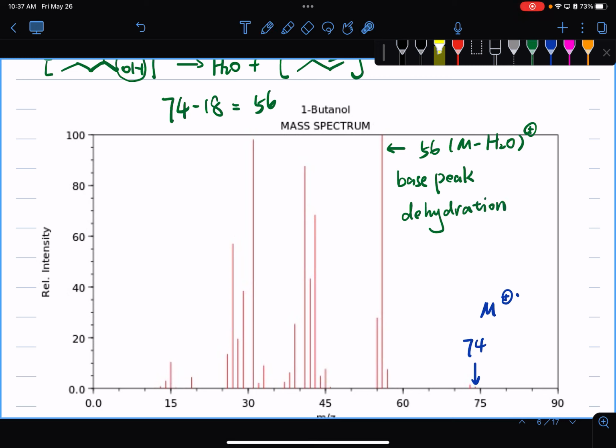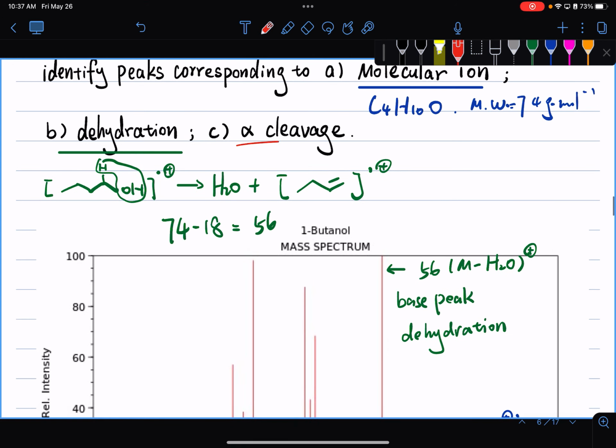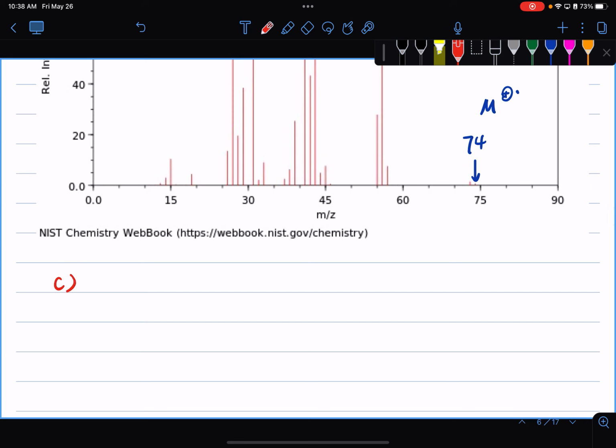All right. And then we also have our alpha cleavage. Before assigning the peak for the alpha cleavage, might as well just write down what alpha cleavage means. So for alpha cleavage, we're talking about the same molecular ion. Now we're looking at the alpha bonds.